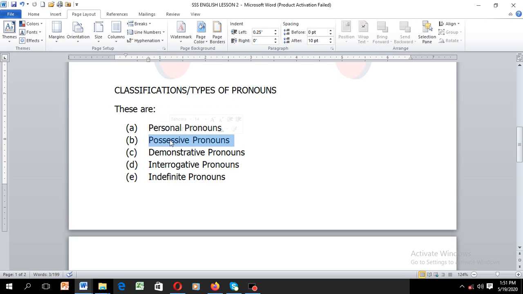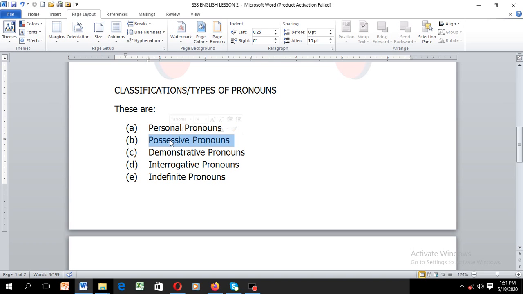We have possessive pronouns. I've mentioned that in part before. When we say possession, we are talking about what belongs to you or what belongs to somebody. So, possessive pronouns are words which indicate possession of things. Words like yours, theirs, hers, his, mine are examples of what?